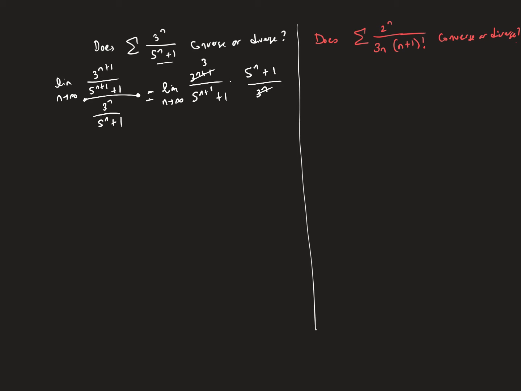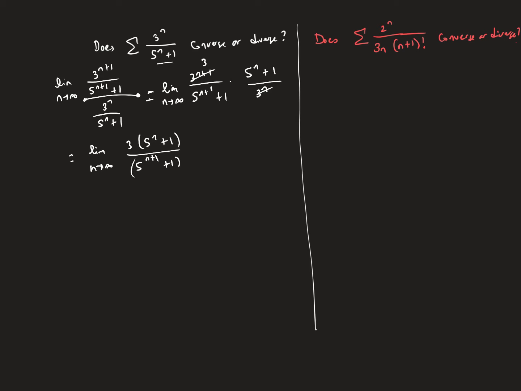And we can't do a similar simplification on the 5s because there's that plus 1 there, but we're going to deal with that in the next step. So when I come down here to take my limit, I have this, and then I have this.